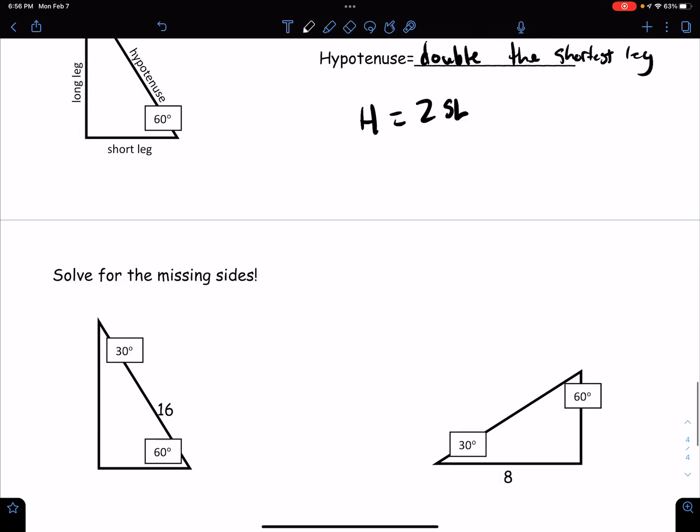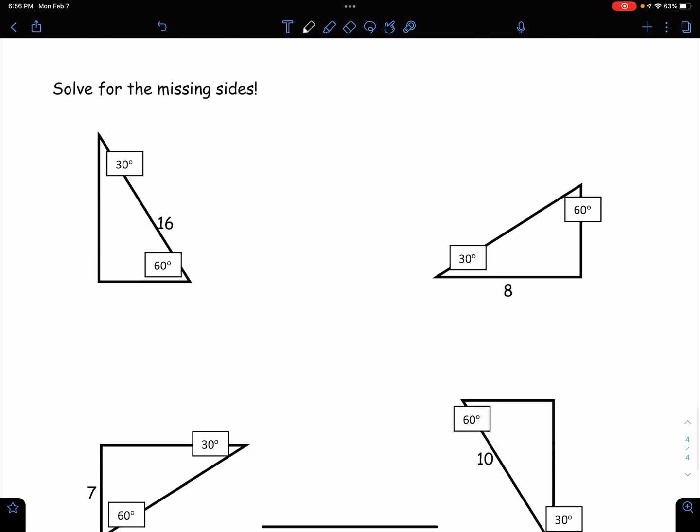So those are some of the examples or some of the shortcuts to find this. So now let's go to the examples for the 30, 60, 90 triangle. So this says, if I have a triangle that has a length of 16 for the hypotenuse, I know that my shortest leg is going to be half of my hypotenuse.